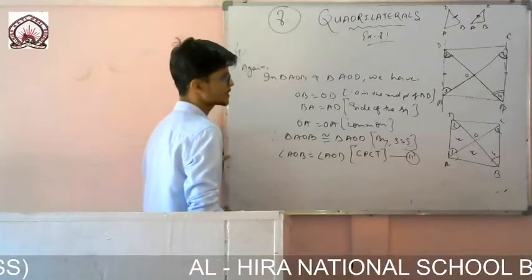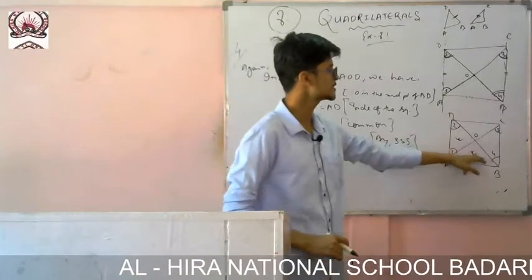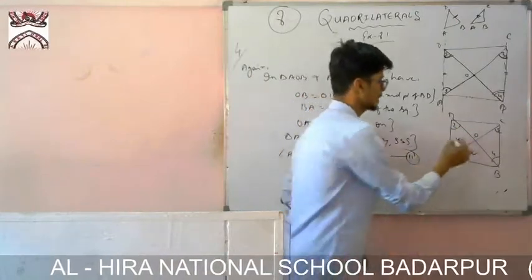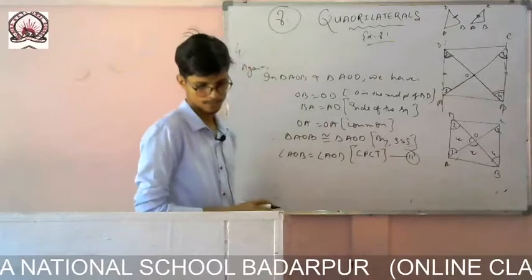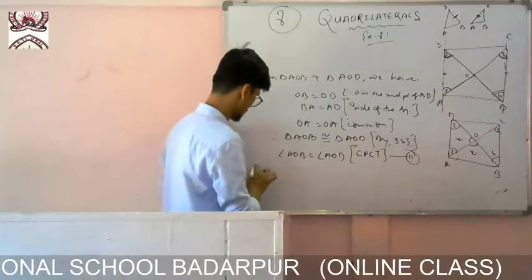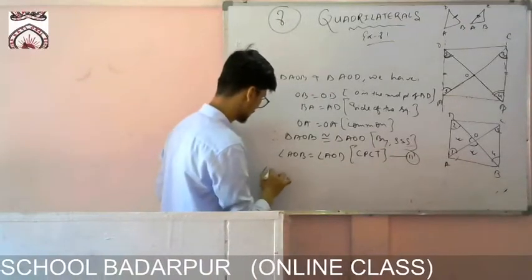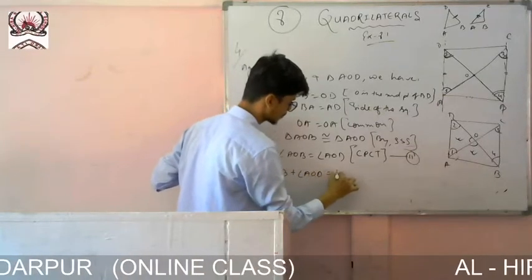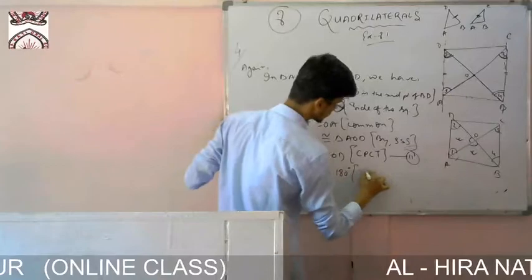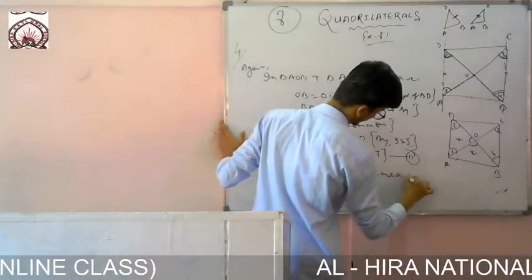Now since BOD is a straight line, these two angles are a linear pair. Therefore angle AOB plus angle AOD is equal to 180 degrees, since they are a linear pair.